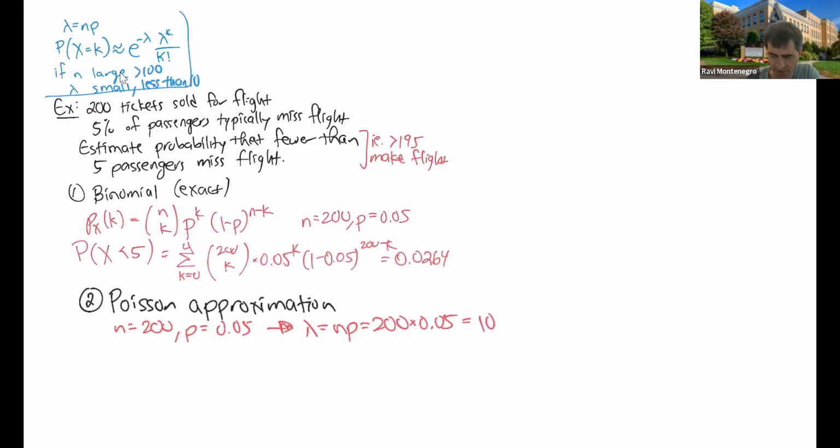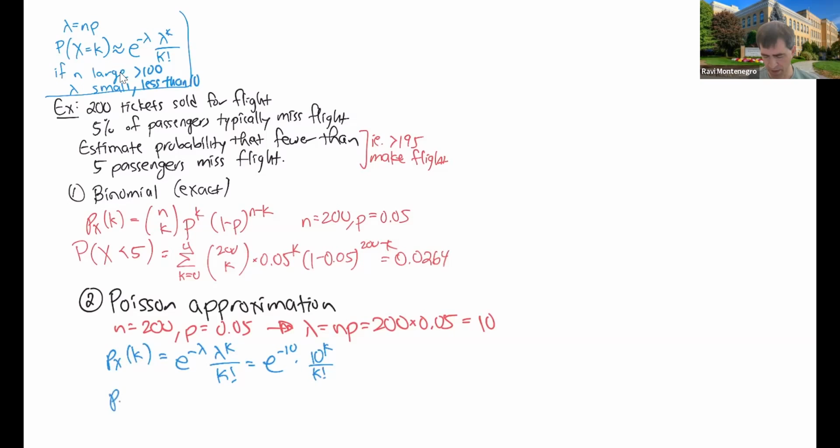Okay, so there's a formula at the top. The PDF that we're working with here is e to the minus lambda, lambda to the k over k factorial. So e to the minus 10, and then 10 to the k. Let me calculate a few of the numbers here.